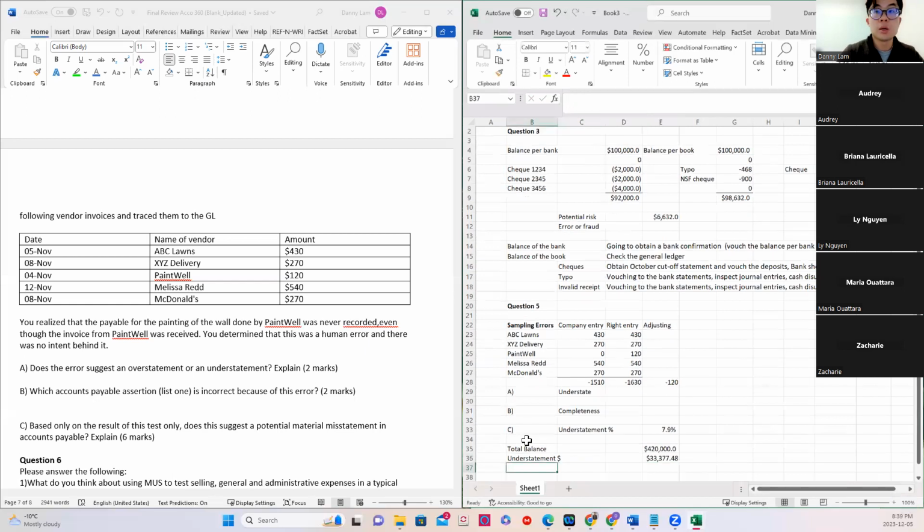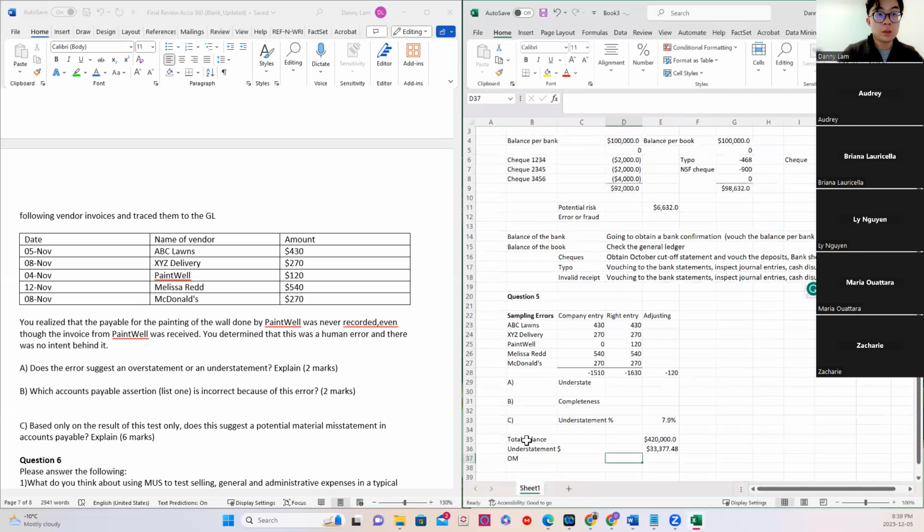Right? So what's your overall materiality? 80,000. Potential materiality.